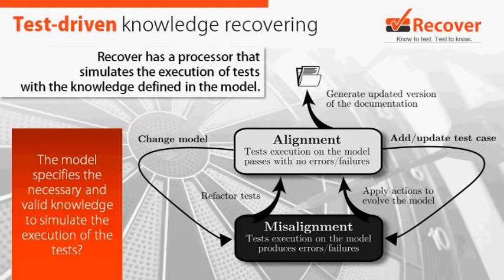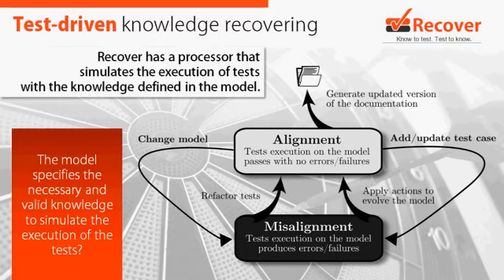So by solving the misalignment, applying the actions suggested by Recover, we can modify the knowledge, maintain it up to date, and reach another situation of alignment, and then at this point we are able to generate an updated version of the documentation.